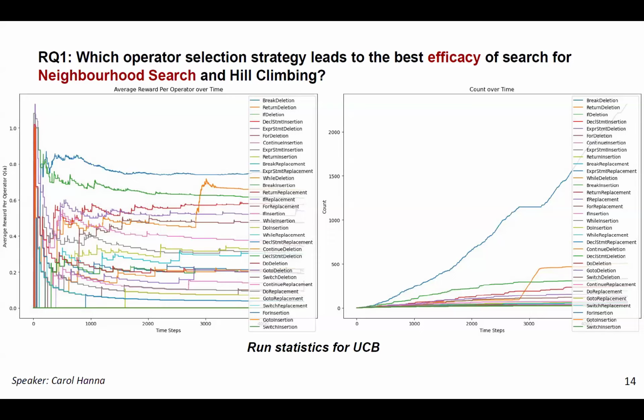It tries to balance these two things within the formula of how it calculates what's getting chosen. So that's why we can see that while break deletion has the highest average reward, it is not always getting selected. And we have some if deletion and some return deletion also getting chosen.